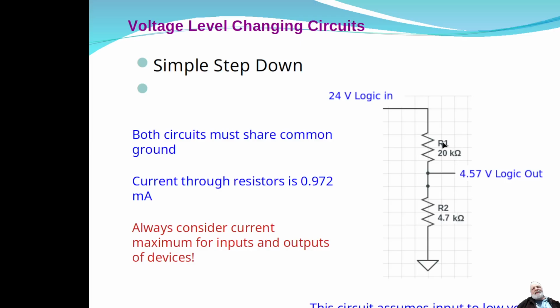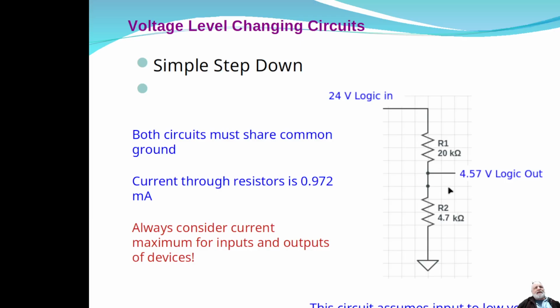In this case, I chose a 20K for resistor 1. We put 24 volts here, and I got a 4.7K here. That's going to give us about 4.5 volts, or a good solid 1 or a high out into, say, an Arduino or some sort of 5 volt logic device.